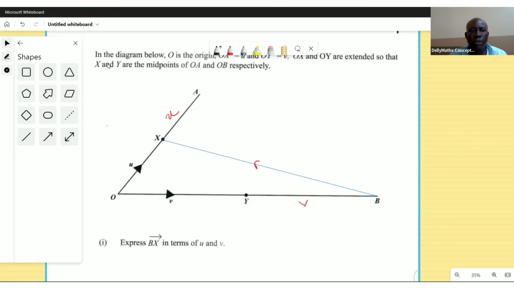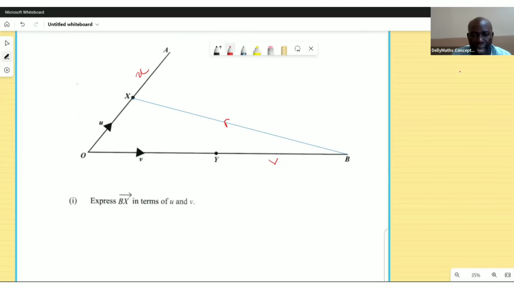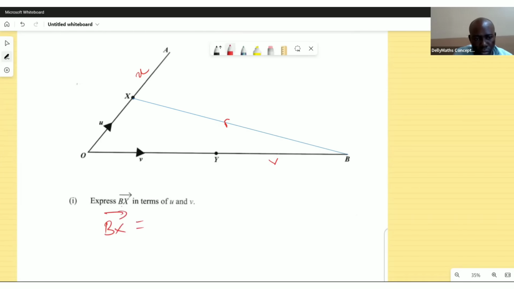Guys, if I want to go from B to X, and I'm on my position vector system here, I am going to be moving from B to O, and then I move from O to X. B to O, I'm going the opposite direction of the arrow that I got, which means it's going to be negative 2V, and then O to X is simply plus U. So that is my response there.